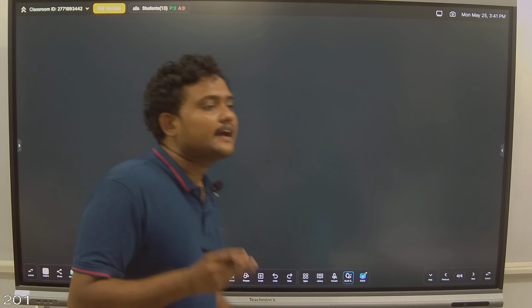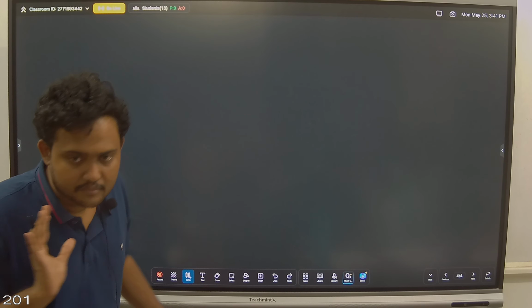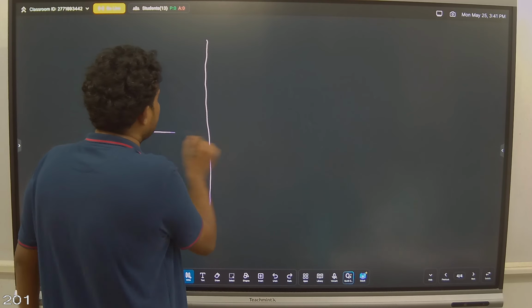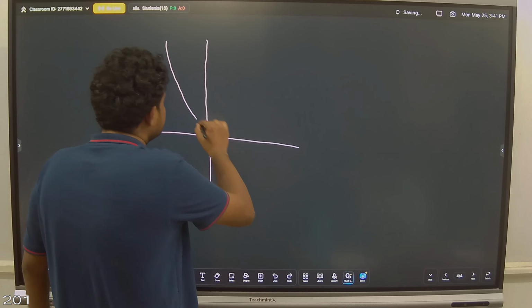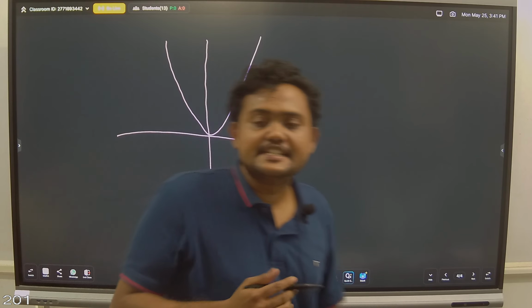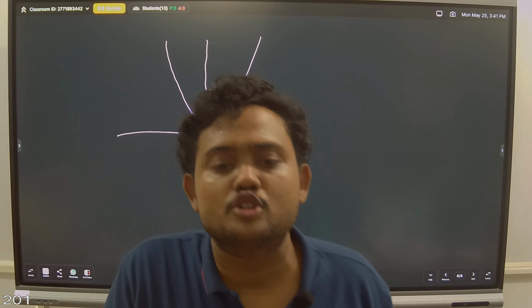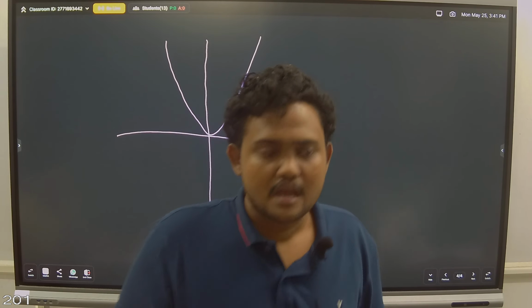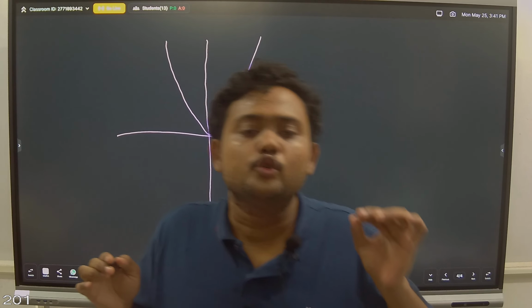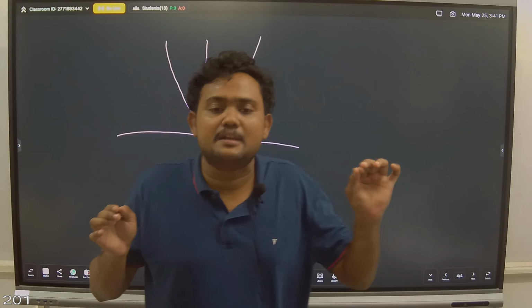Now, for a curve like y equal to x square, which is a parabola, the curve will be like this, right? This does not have constant slope everywhere. How do you find the slope of a curve at a point? You draw a tangent to the curve at the point.